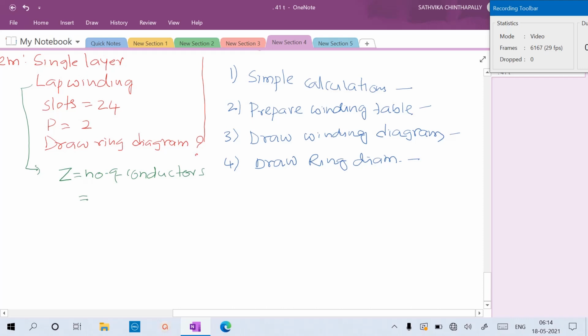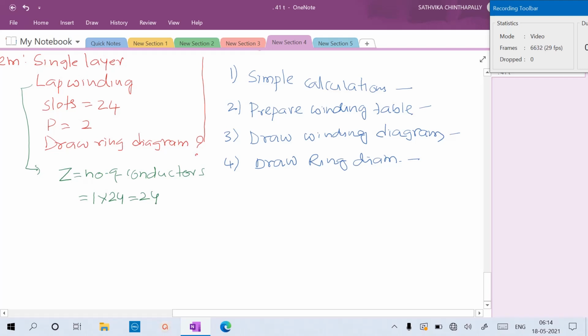So 1 into 24, that is equal to 24 conductors. Each slot has only one conductor, into 24 slots.